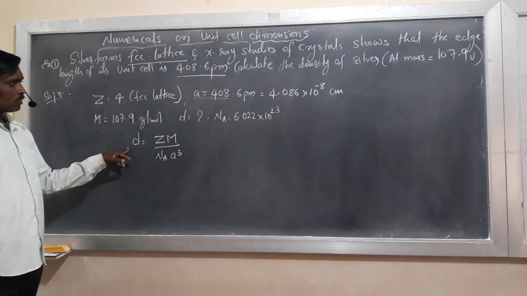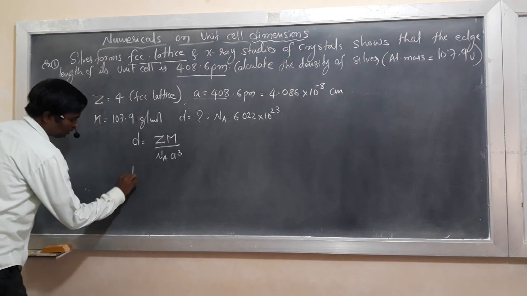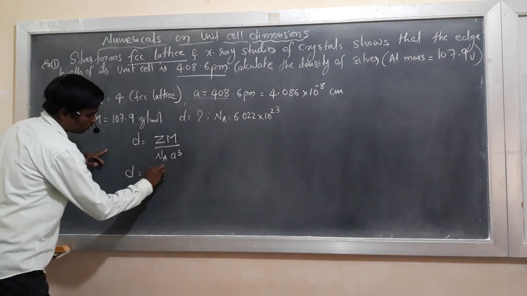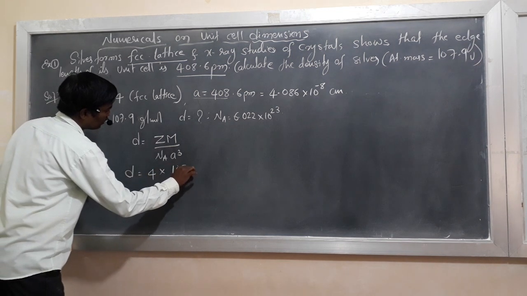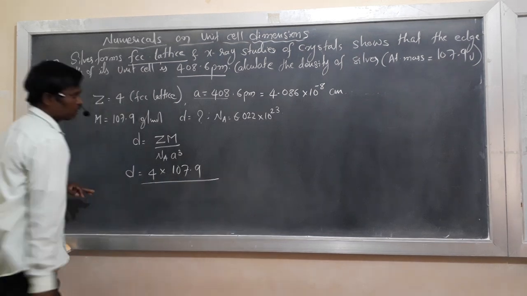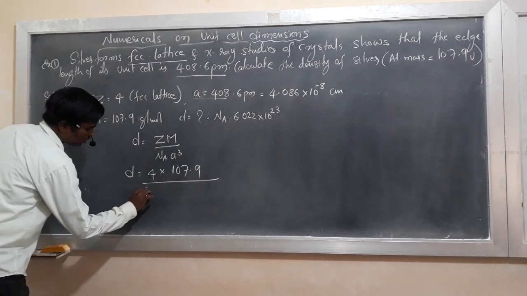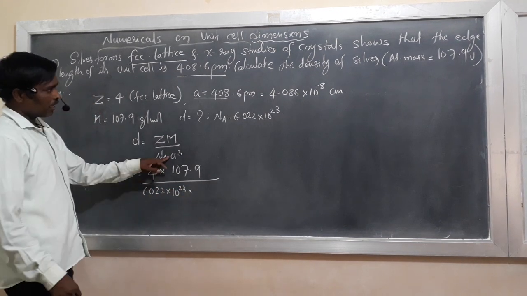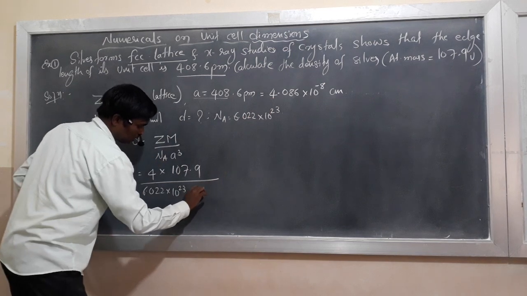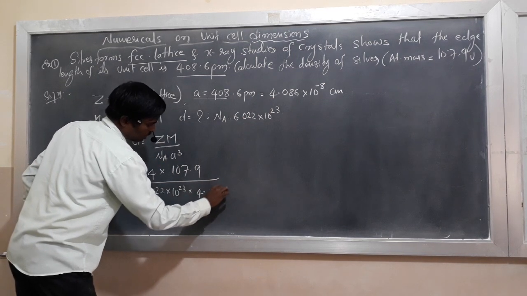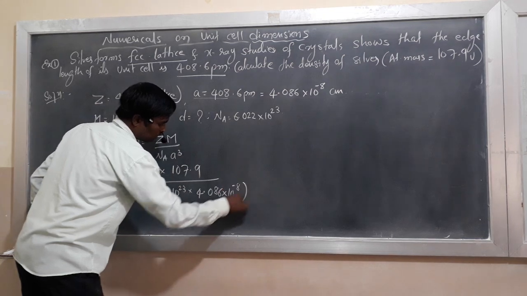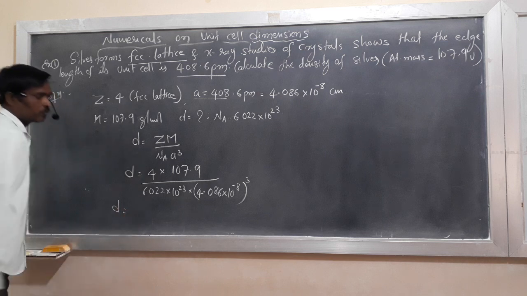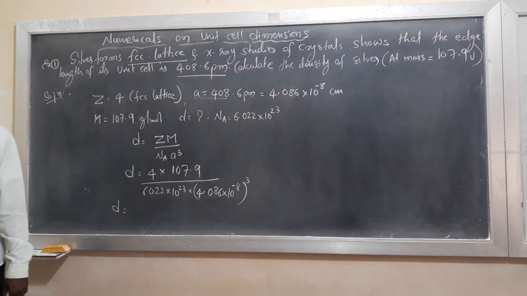Now substitute all these values in this formula, and you will get the answer. So Z value is 4 into M value 107.9 divided by Avogadro's constant 6.022 into 10 raised to 23 into A value, taken as 4.086 into 10 raised to minus 8, whole cube. Now D is equal to 4 into 107.9.